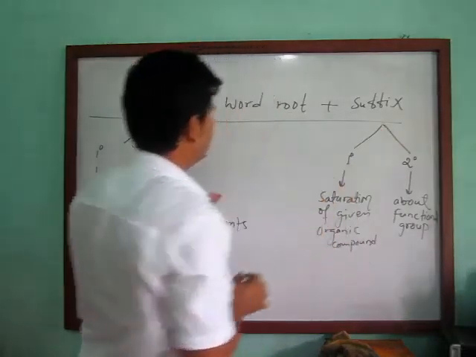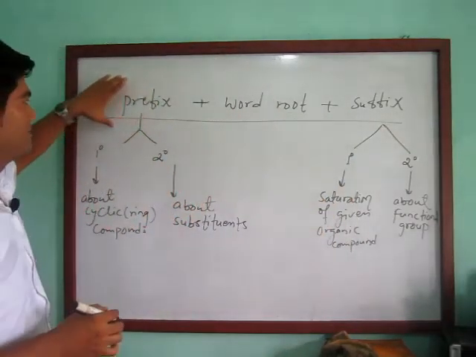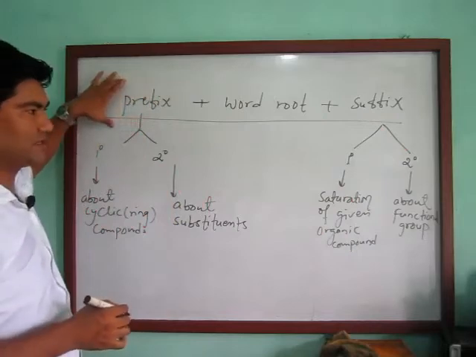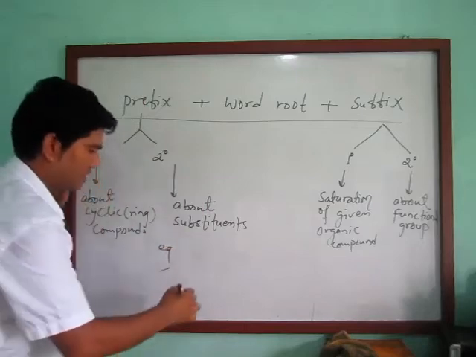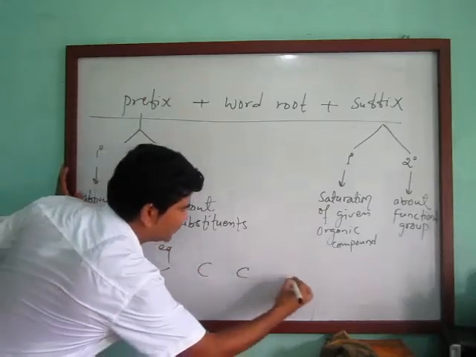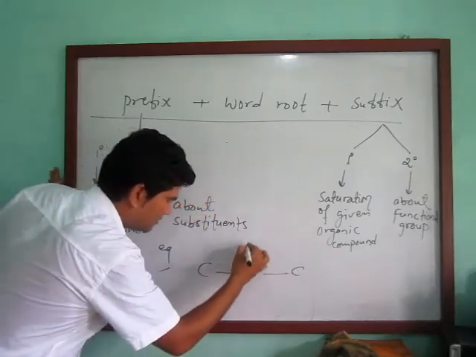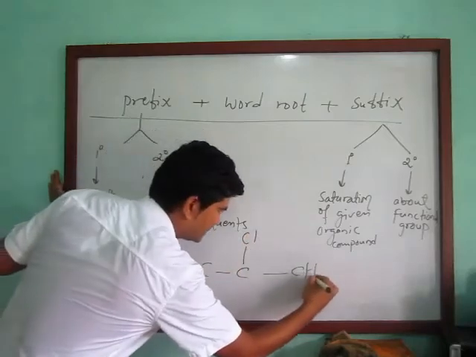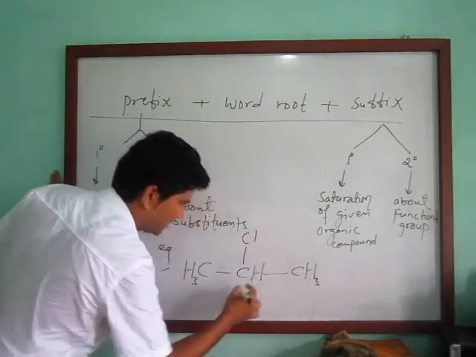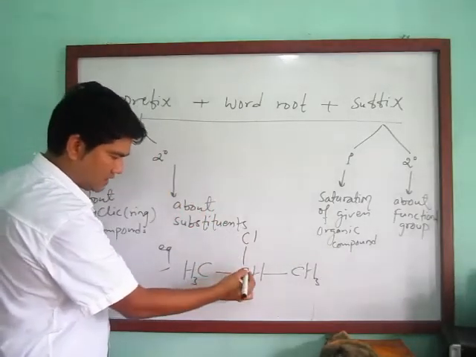So this is the very simple scheme to write the name by the IUPAC system for the given organic compounds. For example, let us suppose here is a chlorine and here is a methyl group like this, and here is a hydrogen atom to fulfill the four bonds of this carbon atom.